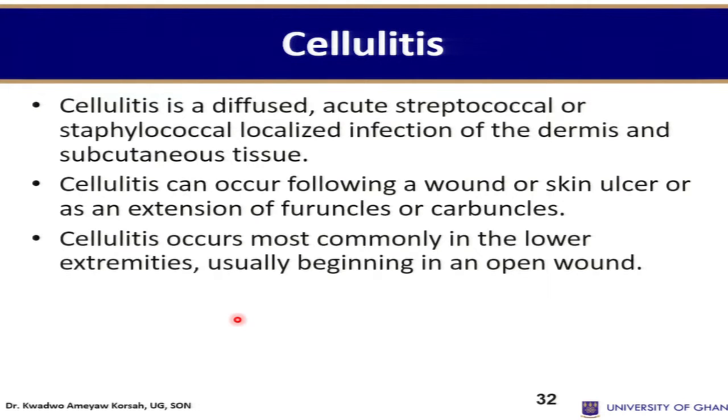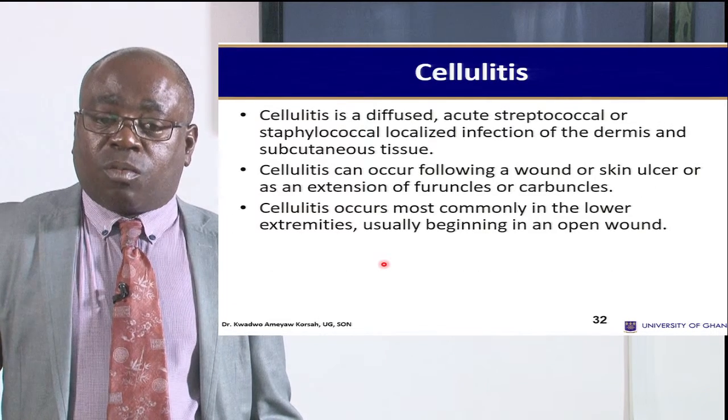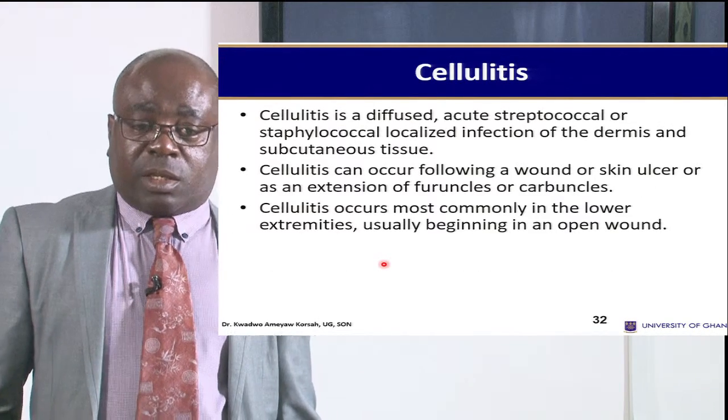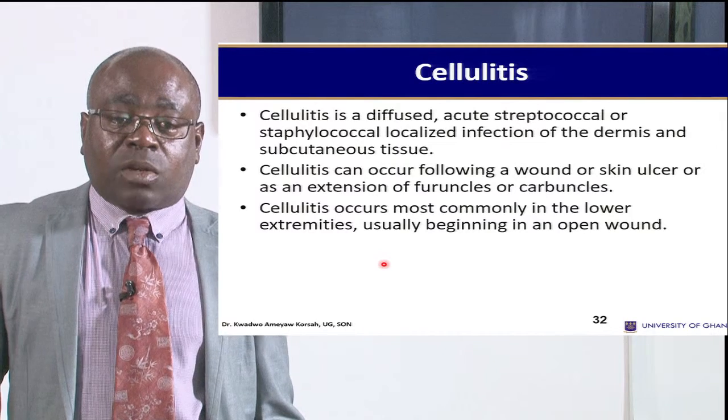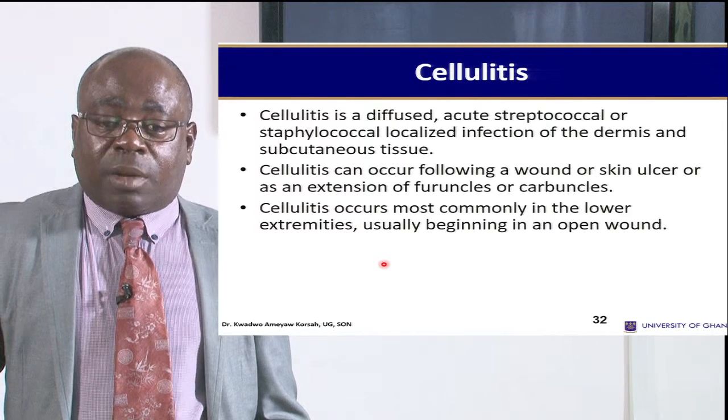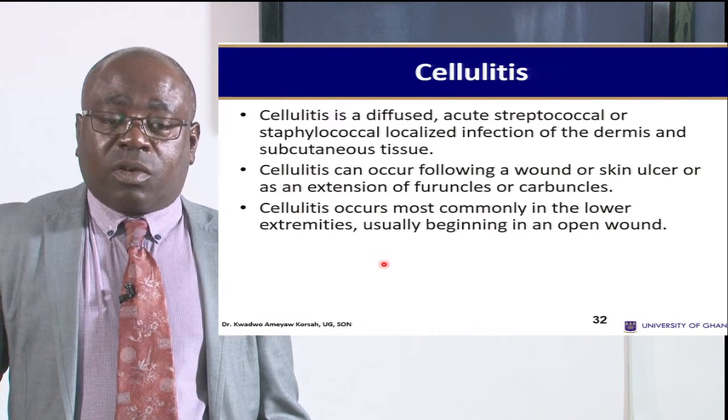Now let us look at cellulitis. Cellulitis is one of the bacterial conditions of the skin, and most commonly we see it in the hospitals, in our wards, every day, and at times it is very difficult to treat.